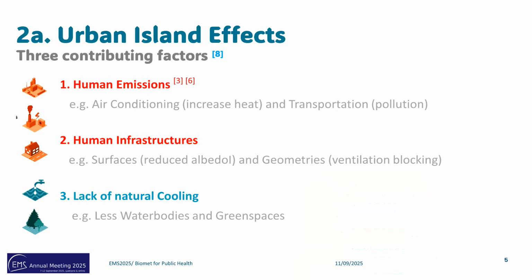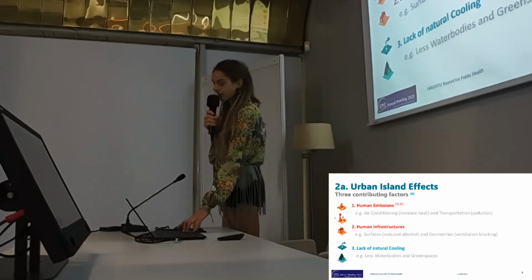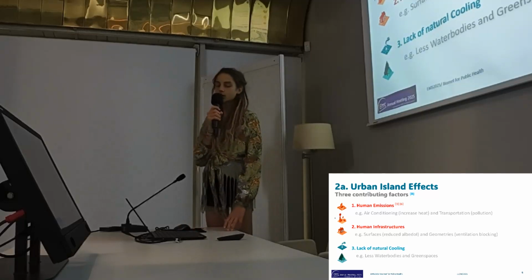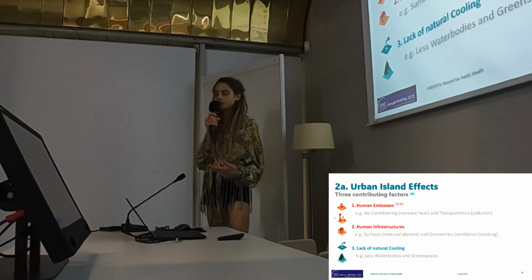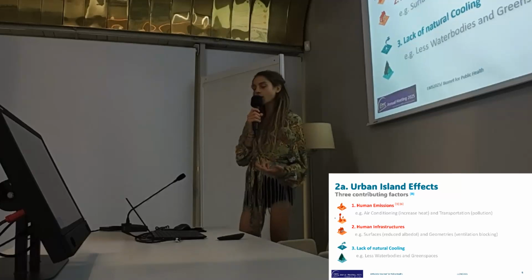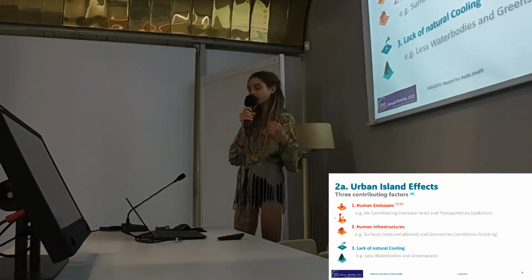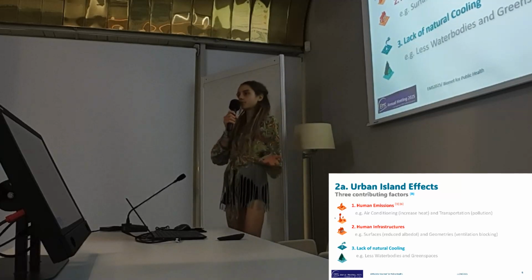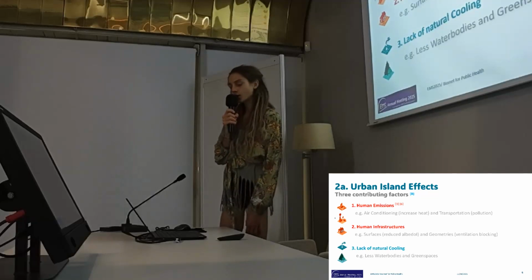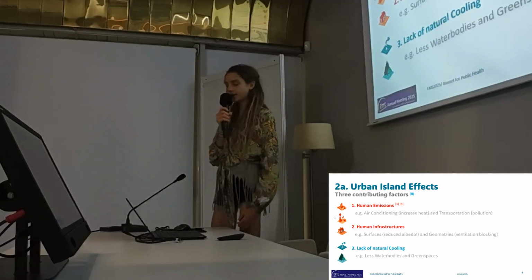And thirdly, there is a lack of natural cooling. So there are fewer water bodies as well as green infrastructures, which could evapotranspirate. And for my thesis, I concentrated on the possibilities that we have to reduce pollution and air temperatures, where one opportunity is, if there is a lack of natural cooling, maybe it could help to increase that again.